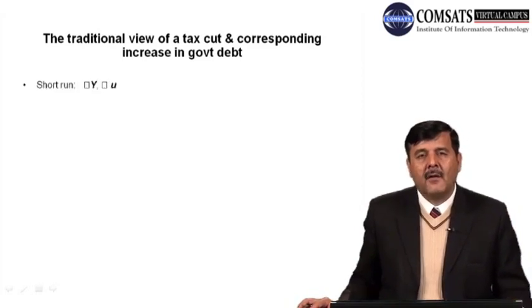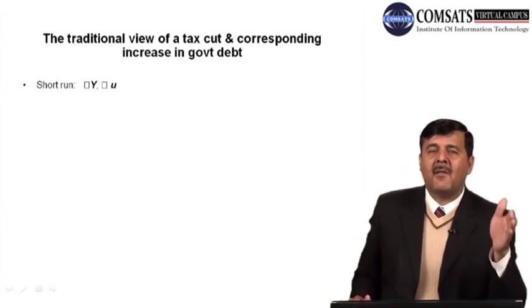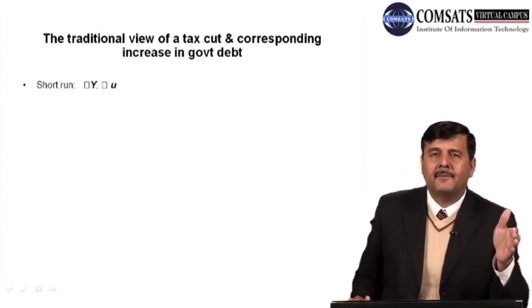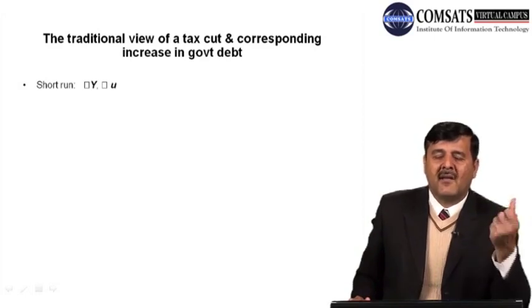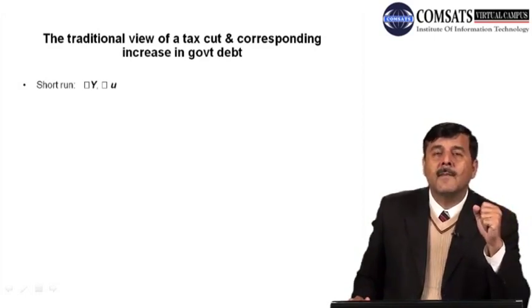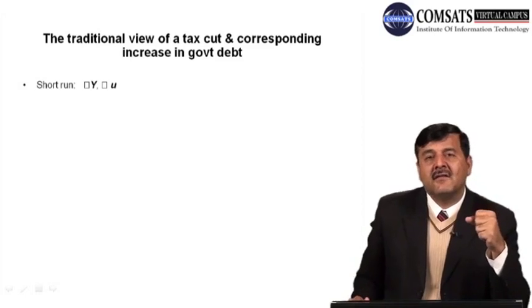Suppose we talk about the short run. When there is a tax cut, this will bring a change in the level of output and in the level of unemployment in the economy. When taxes are cut, individual spending increases. When spending increases, there is an increase in the demand for goods and services.